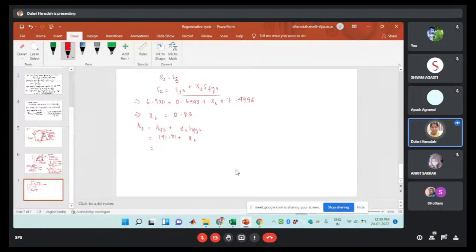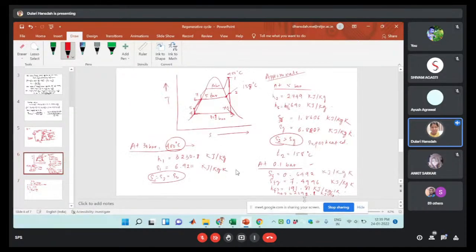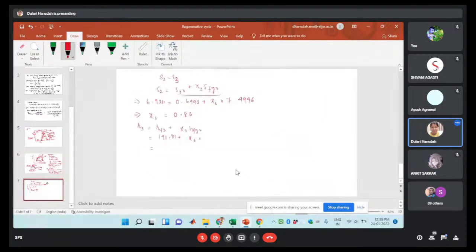Now tell me how much is hfg3? 2392.1, and X3 is 0.83, right. How much is H3? 2177.25 kilojoule per kg.